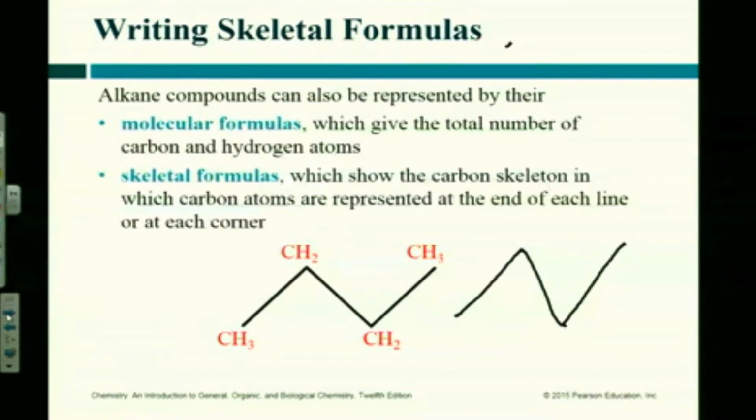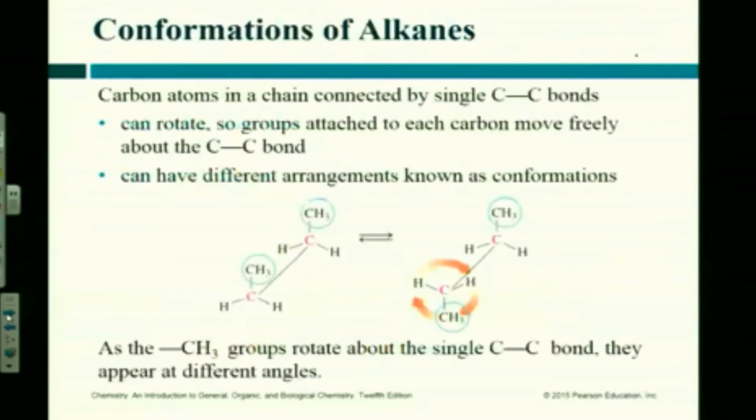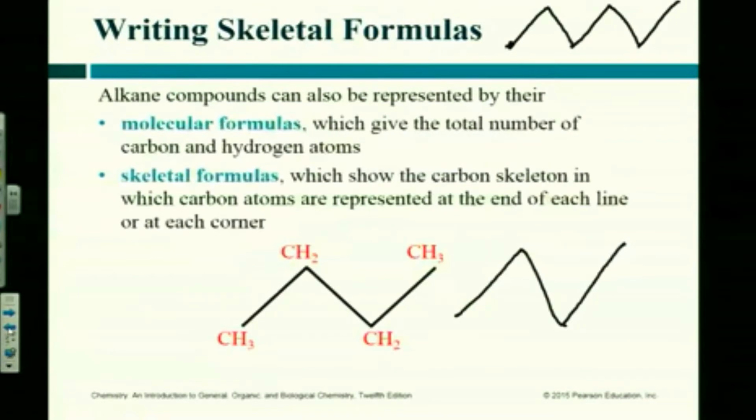Starting out here: 1, 2, 3, 4, 5, 6. That's hexane. The ones on the end are CH3s. The ones at the points are CH2s, okay? That's just a really condensed way of drawing a structure for it.